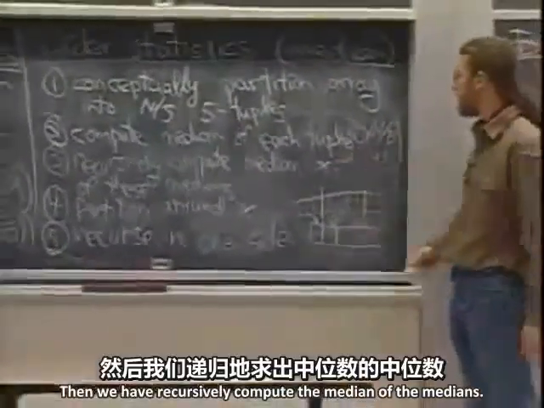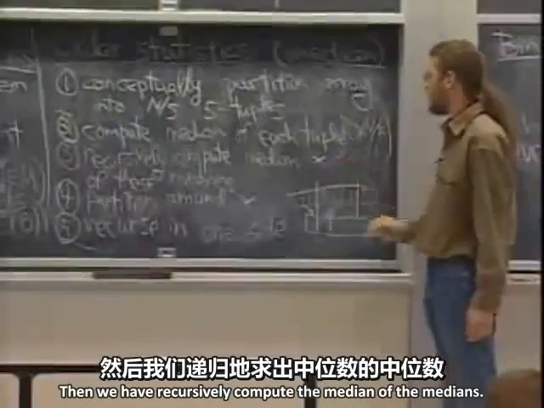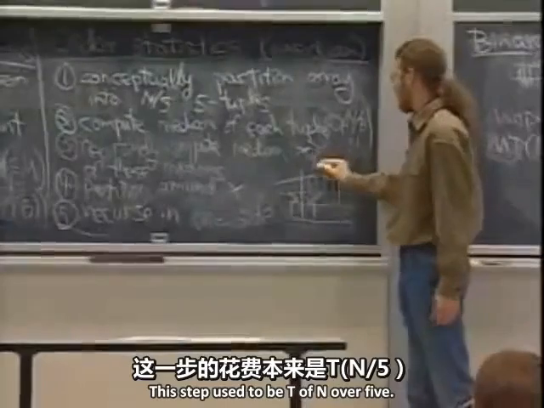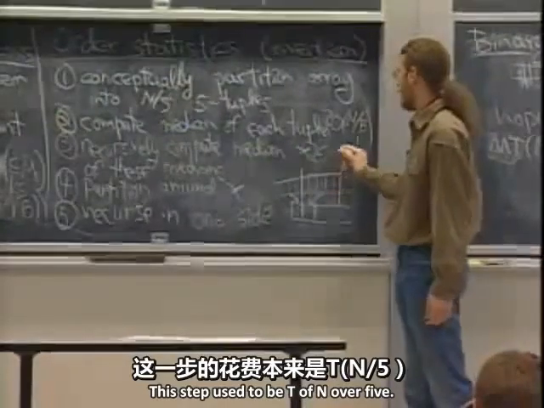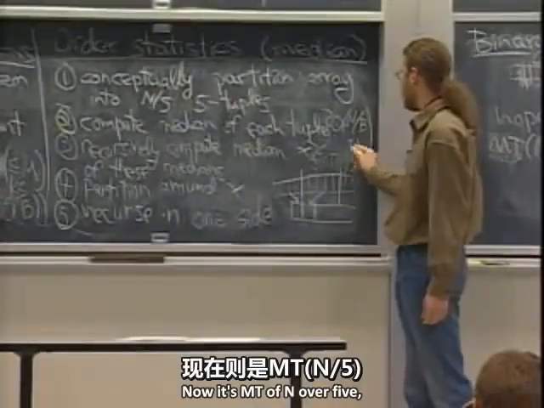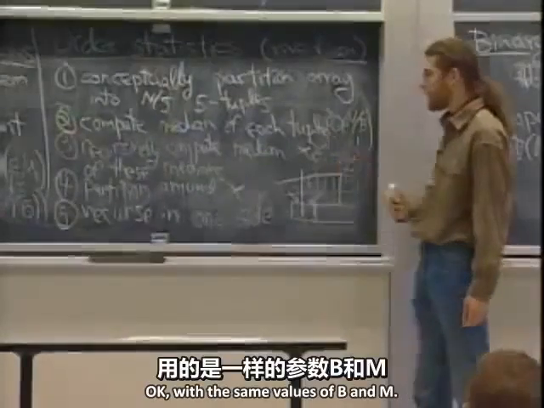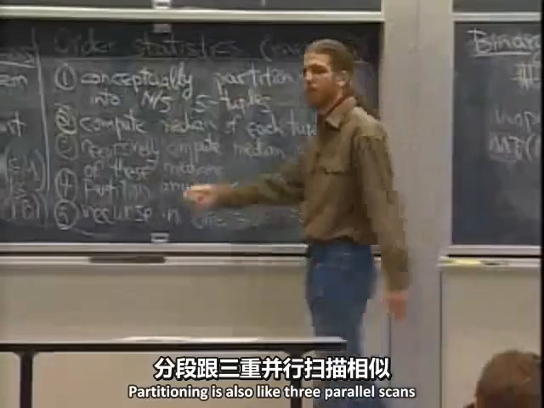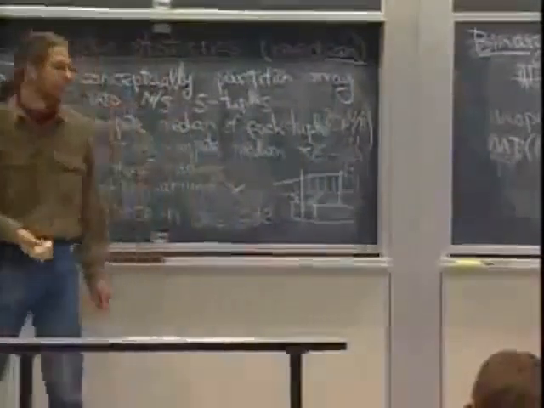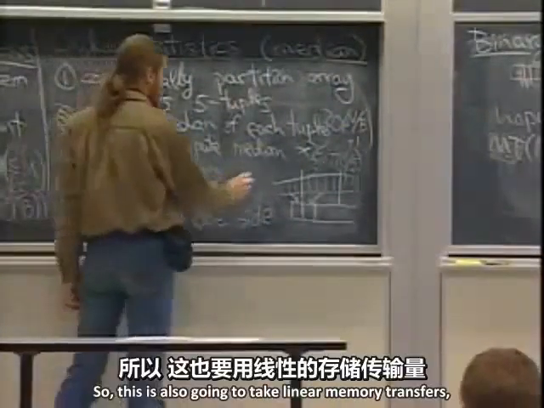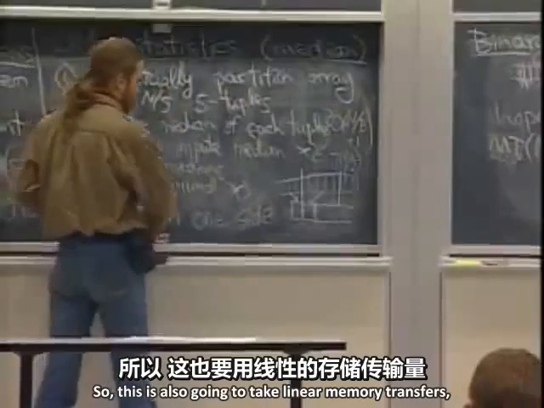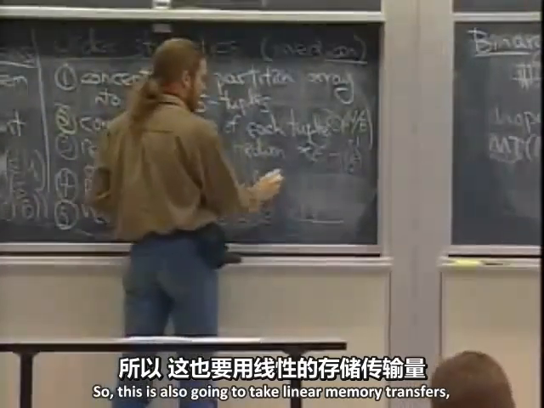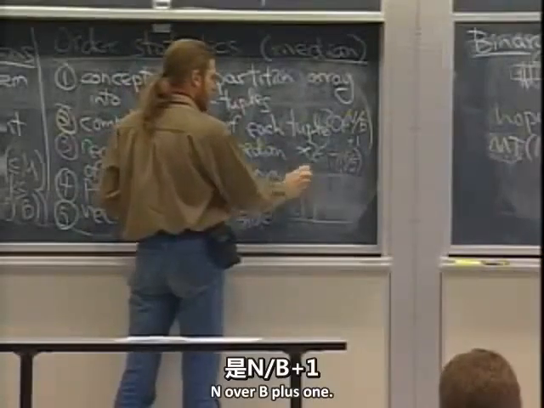Then we recursively compute the median of the medians. This step used to be T of n over 5, now it's MT of n over 5, with the same values of B and M. Then we partition around x. Partitioning is also like 3 parallel scans, if you work it out. So this is also going to take linear memory transfers, n over B plus 1.